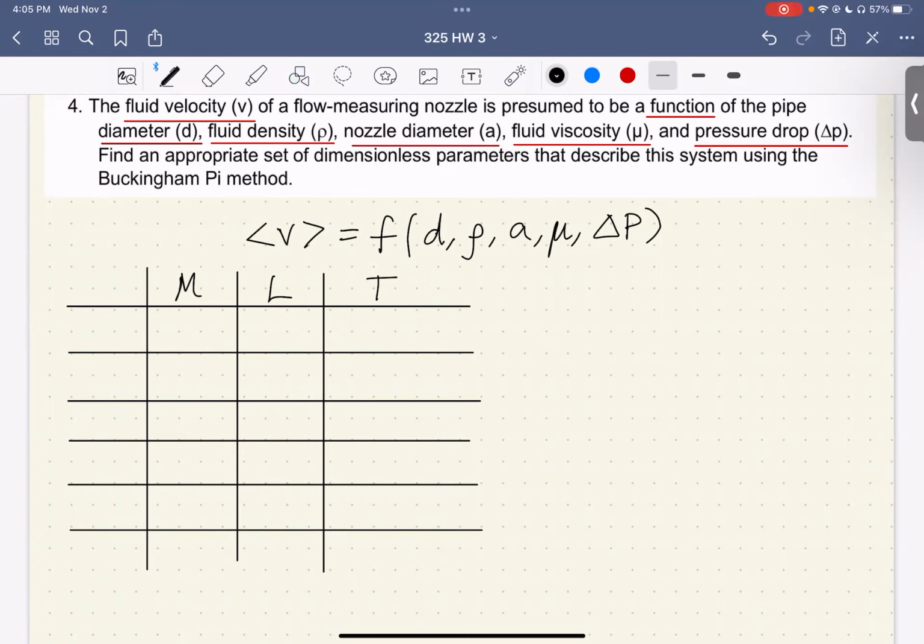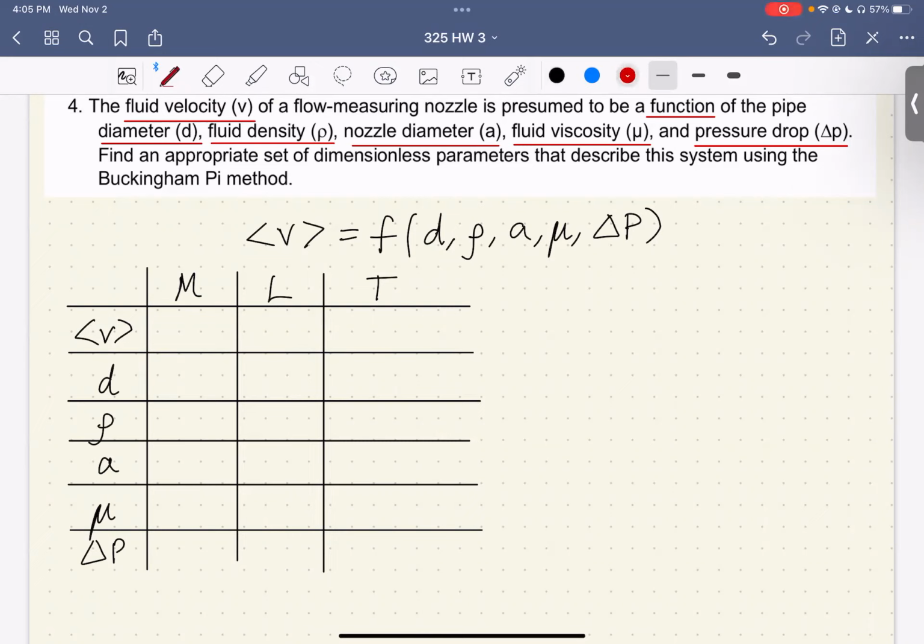Great. Now we're just going to fill these in, starting with velocity, which is also a variable. It's a dependent variable, but still nonetheless a variable. Diameter, we have density, we have another diameter, we have viscosity, and we have change in pressure. Great. So now let's start filling out these columns and rows.